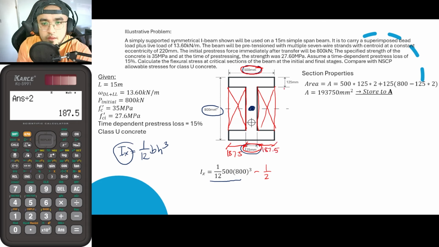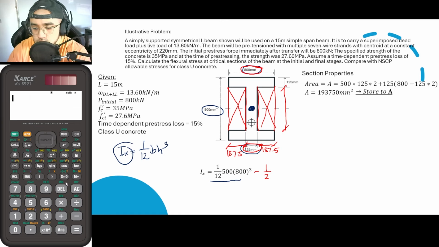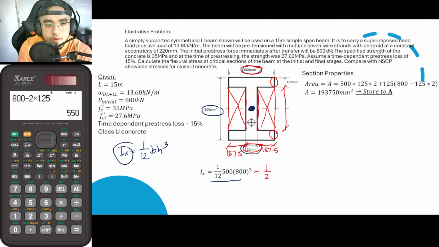And as for this height here, that is equal to the total depth, which is 800, minus twice the thickness of the flanges, so 2 times 125. So with that, guys, this is now 550.